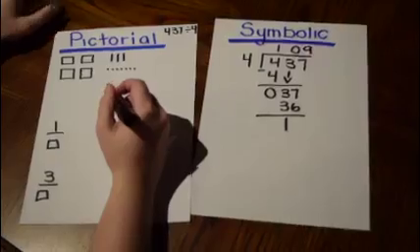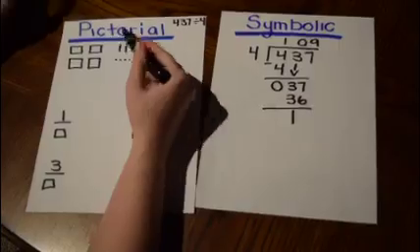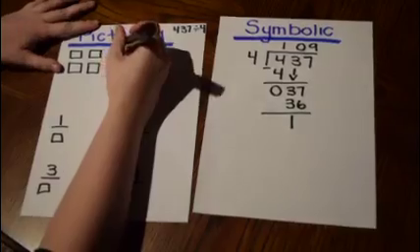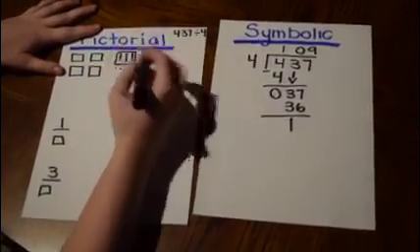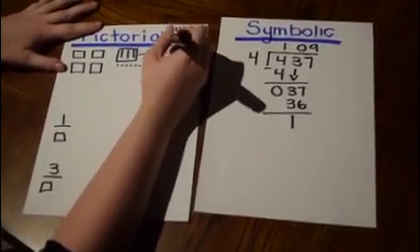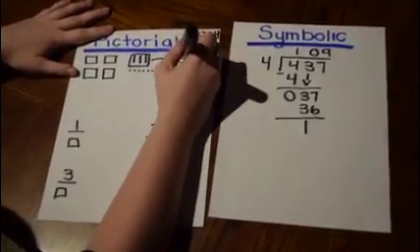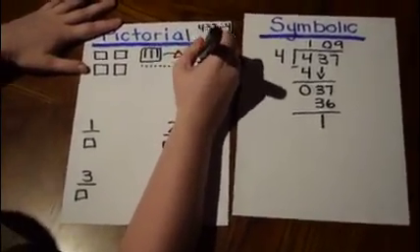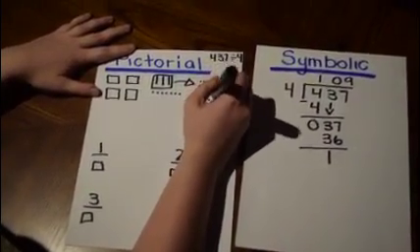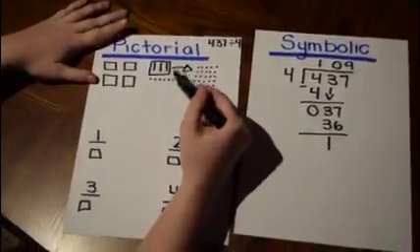When we move back over to our pictorial, I know that 3 groups will not split into these 4 equally. So I will trade my 3 tens for 30 ones. In the end, I will have 37 ones.